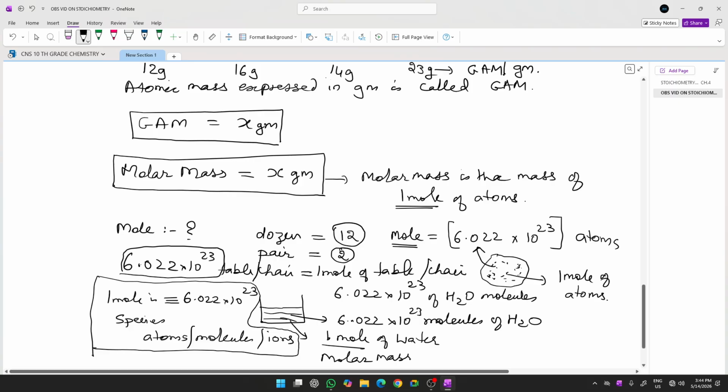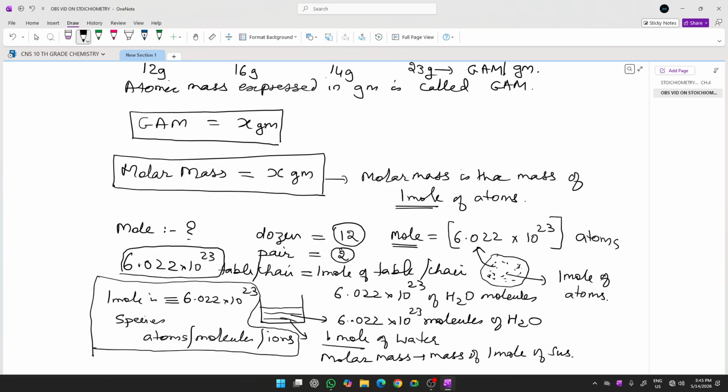So basically molar mass is the mass of 1 mole of a substance. You can call it substance, species, atoms, molecules, whatever it is. Now we understand the meaning of molar mass. So molar mass can be x gram. Obviously this molar mass will be a bigger number compared to the atomic mass, isn't it?